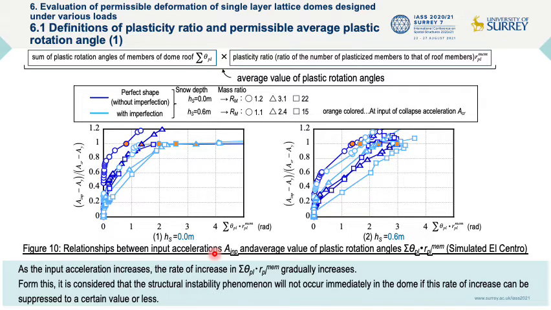As the input acceleration increases, the rate of increase in the average value of the plastic rotation angles gradually increases. From this, it is considered that the structural instability phenomenon will not occur immediately in the dome if this rate of increase can be suppressed to a certain value or less.